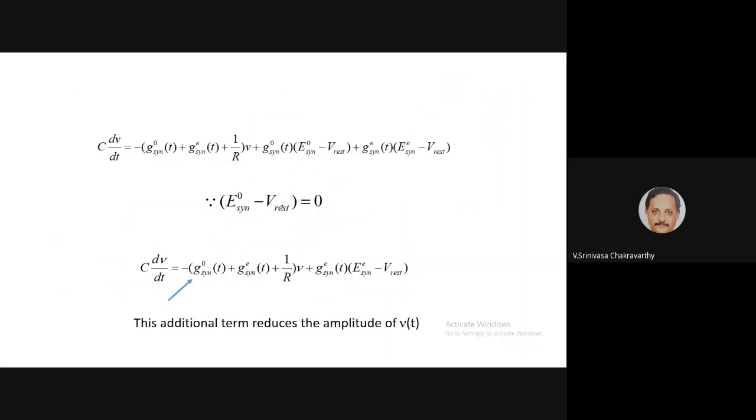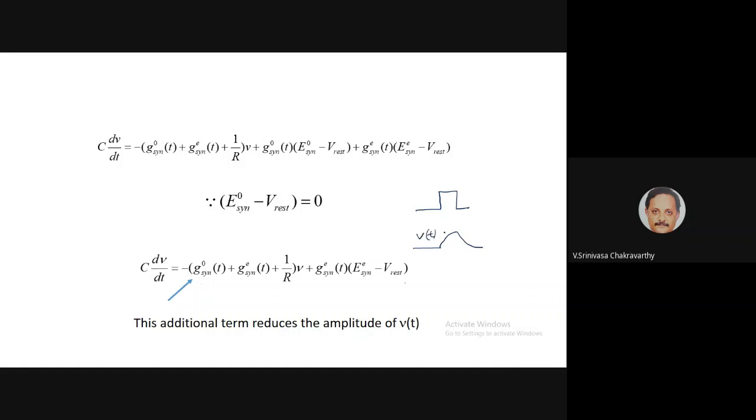So because of that, what happens? You still have this additional term in the conductance. Because of that, for the same input current pulse, the voltage response will be lower. For example, if I think of the G_E_syn as this current pulse, in response to that I'll have a voltage response like this.